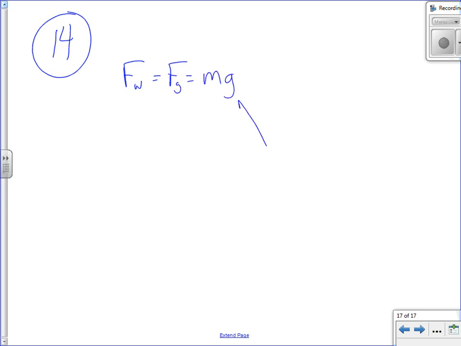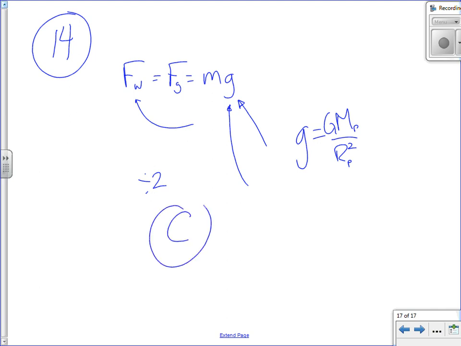The question is, what happens to g if half the planet's mass goes away? If mass decreases by a factor of 2, then g decreases by a factor of 2. That means the weight decreases by a factor of 2. See? Okay?